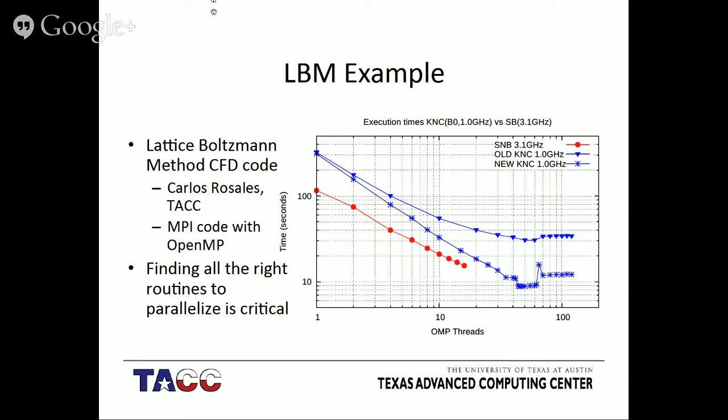And you can see at a certain number of threads, the performance on the MIC is substantially better than the performance on the host with 16 threads. And here, in your code, you would experiment with what number of threads gives you the best performance. So there's no real guideline there.